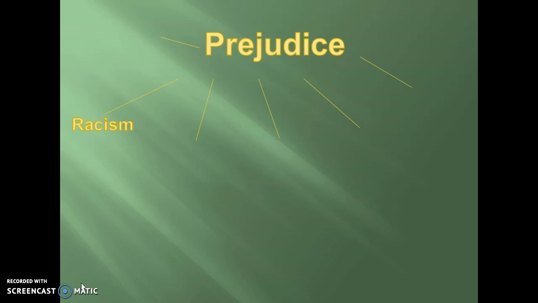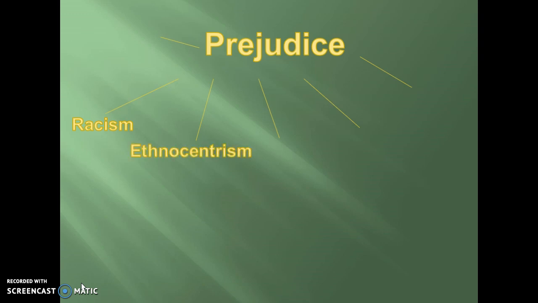We have racism, and racism is based on a person's race. These are physical characteristics on someone. In other words, you're examining a person's skin color, their hair type, their bone structure. That involves racism. Racism, you go ahead and make these comments based on what you see from a person.